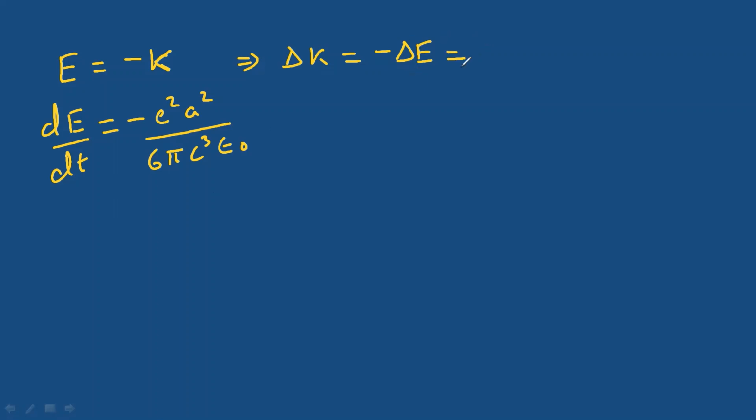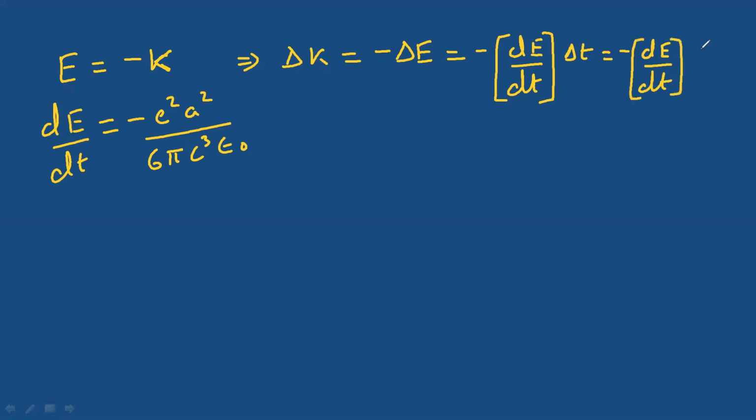Minus delta E can be written as dE by dt times delta T, right? Now, what is delta T? Delta T is simply the time period, because the question is asked for energy lost per revolution. Okay, so I could write it like this: negative of dE by dt times the time period of revolution.